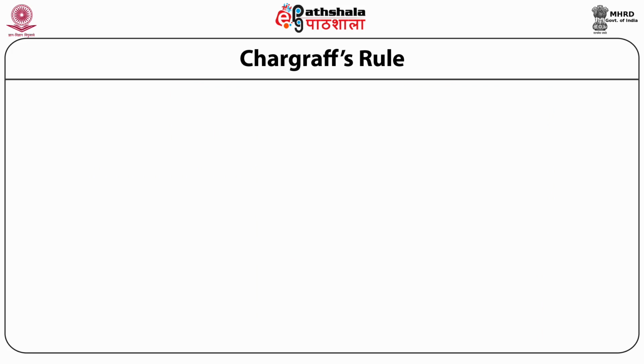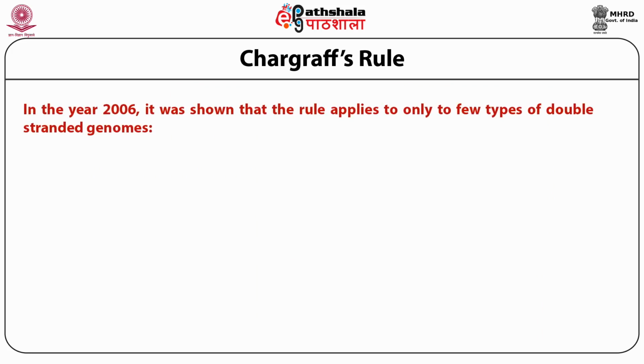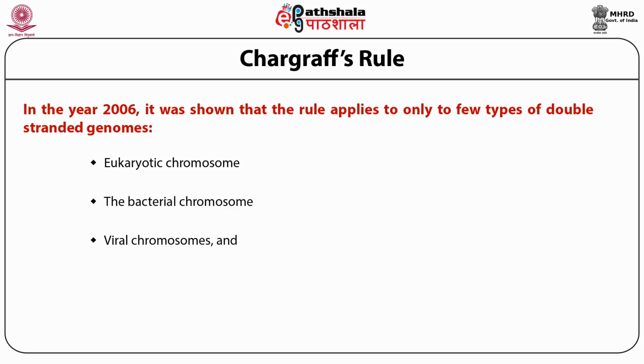Chargaff rules became very important. In the year 2006, it was shown that only for a few types of double-stranded genomes, for example, the eukaryotic chromosome, the bacterial chromosome, the viral chromosome, and archaeal chromosomes, the rule is valid.